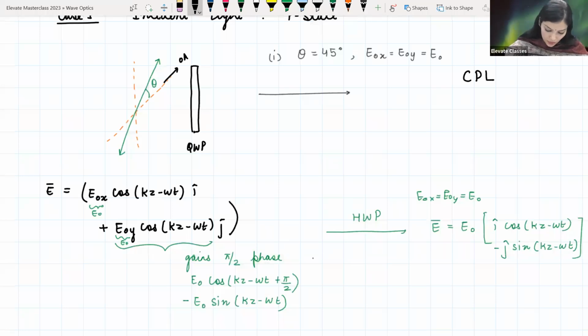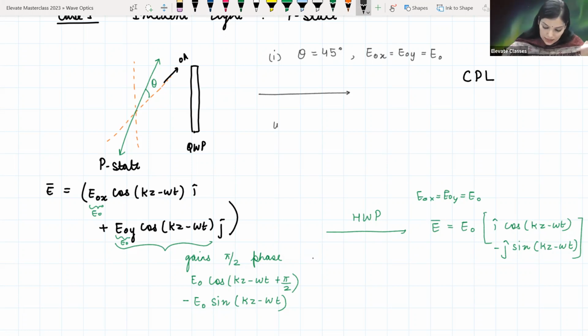So what we saw कि एक कोई P state था, वो quarter wave plate पर incident हुआ, but if the theta that this P state was making with respect to the optic axis was 45, and if the amplitude of its X component and Y component was same, then we ended up getting a circularly polarized light.